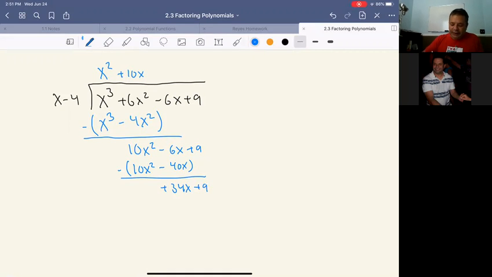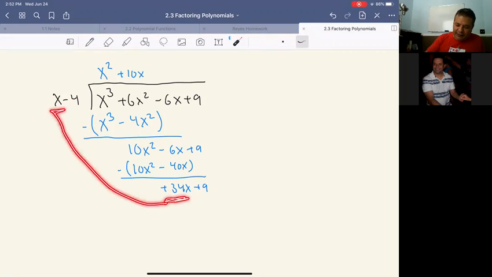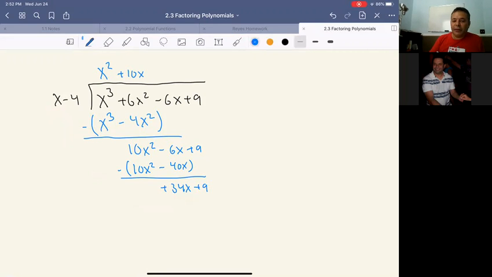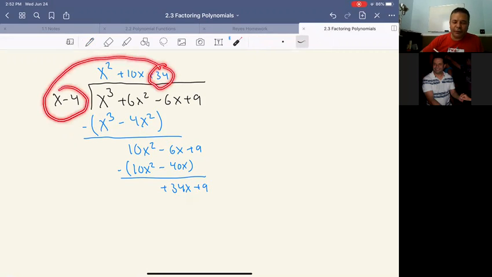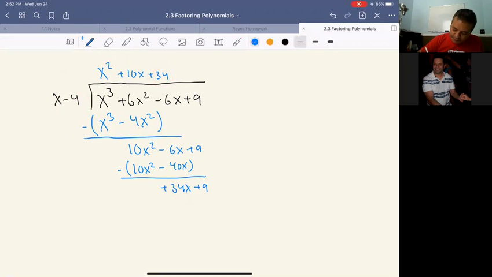Now we're going to take this 34x and divide it by this x. So we're going to have 34. Multiplying the 34 by x minus 4, we're going to have 34x minus 34 times 4, which is 136, I believe.